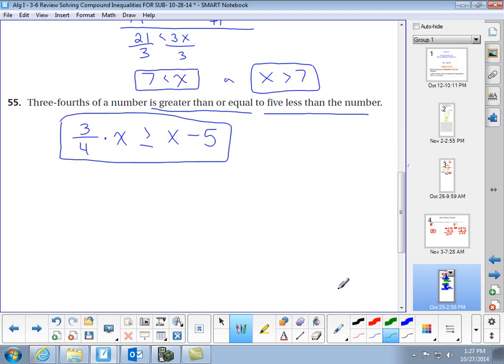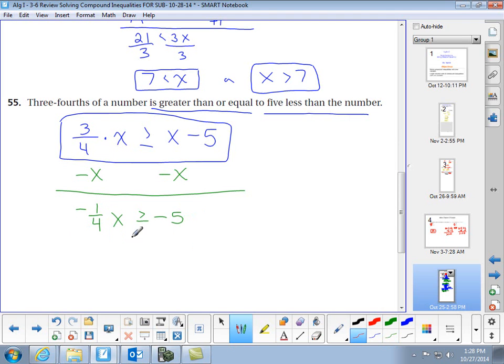Okay, to solve this one, we can't simplify the left side, can't simplify the right side. I cannot move the 3/4 x because that would leave this side with nothing, so I'm going to subtract an x. When I subtract an x, I'm left with negative 1/4 x is greater than or equal to negative 5. Now, I can do one of two things here.